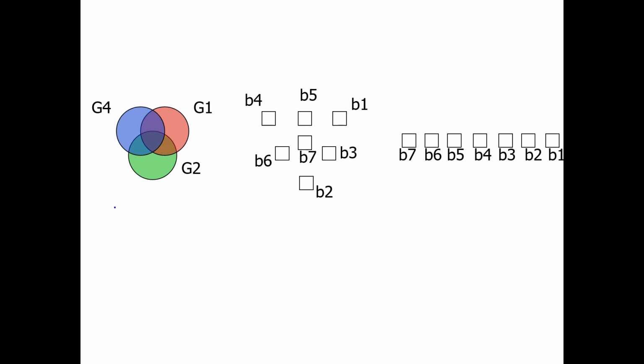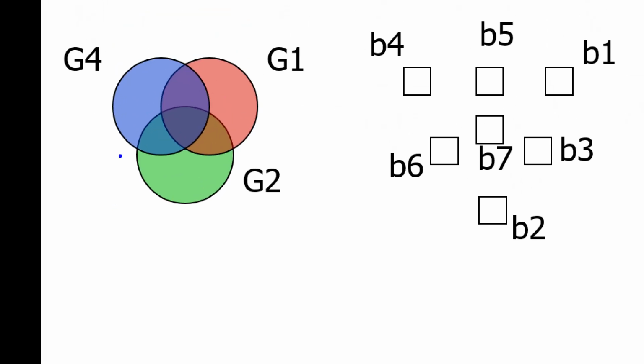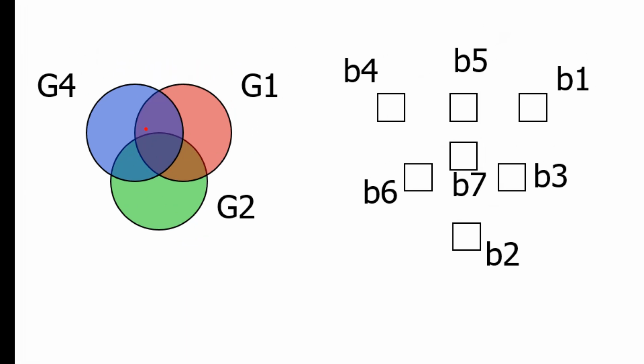For information bits, there are 4 bits, maybe these 4 bits, and I will add 3 more bits. Let me group this like this.